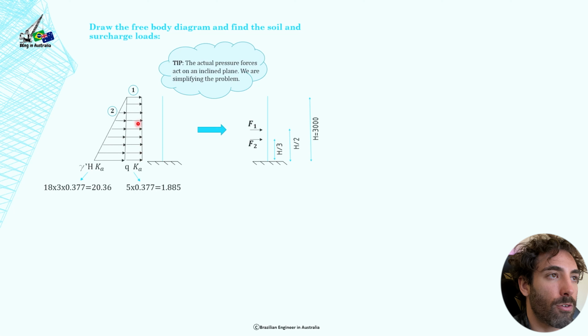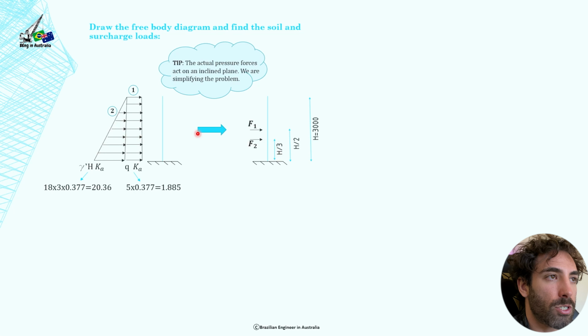The centroid of the rectangle is going to be half of the height. That's why F1 is acting at half of the height, and then the centroid of this right angle triangle is at 1/3 of the height of the triangle from the base.